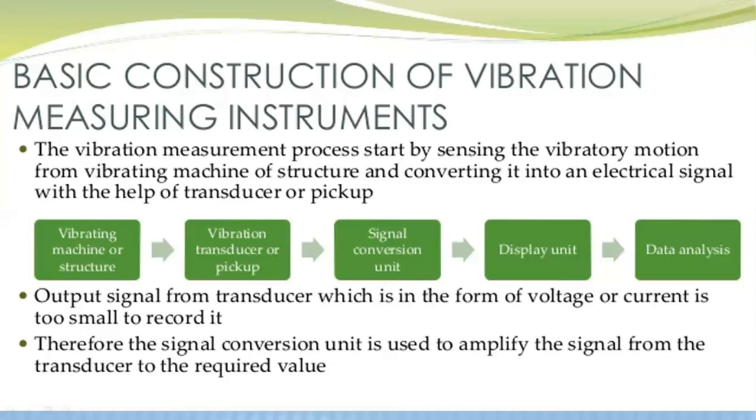And next one, therefore, the signal conversion unit is used to amplify the signal from the transducer to the required value. In the signal conversion unit, the vibrating signals are converted into electrical signals and amplified to the required value.